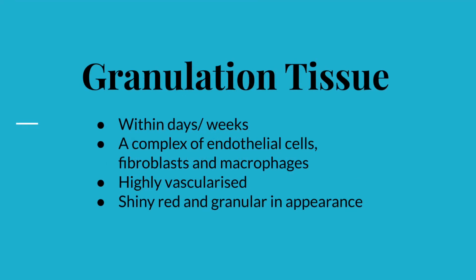The granulation tissue is formed from a complex of endothelial cells, fibroblasts, and macrophages. The key features of the granulation tissue are that it is highly vascularized and has a shiny red and granular appearance when looked at with the naked eye.